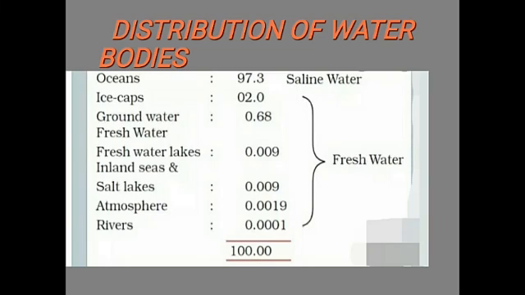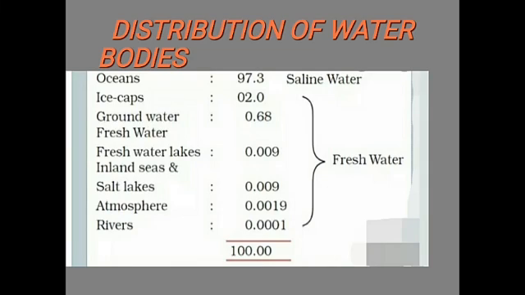If we distribute the water into 100%, we can see the ocean has 97.3, that means saline water. After that, the fresh water in the form of different sources like ice caps, 2.0, groundwater, that is fresh water, 0.68, freshwater lakes and inland seas, 0.009, salt lakes again 0.009, atmospheric water 0.0019, and rivers are very few, 0.0001.